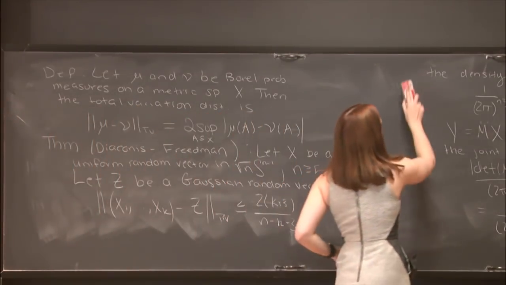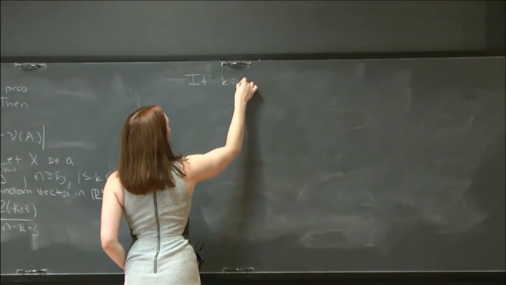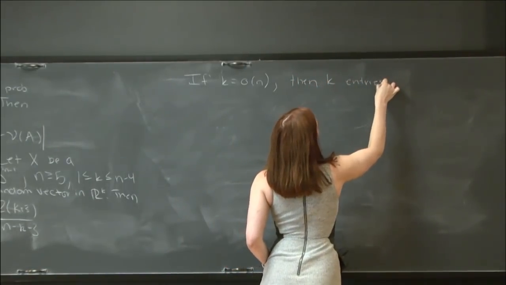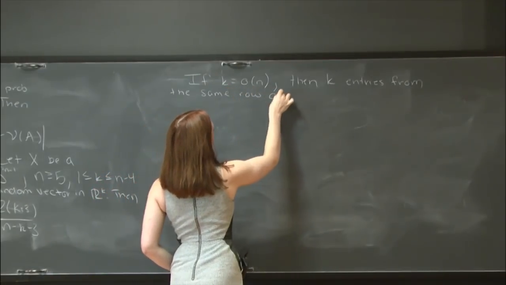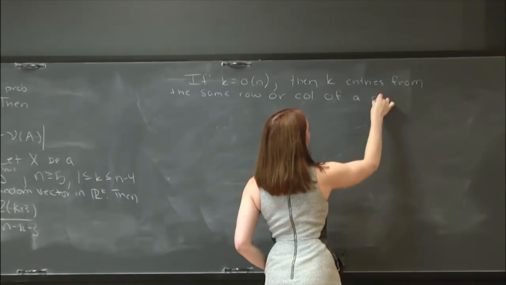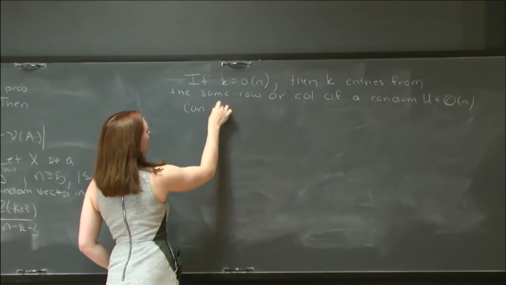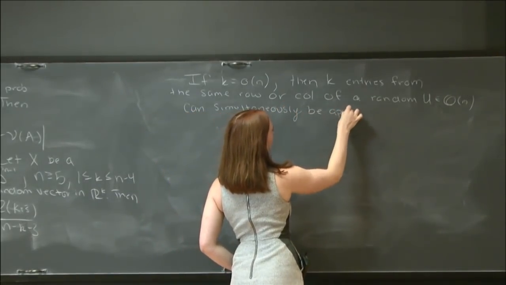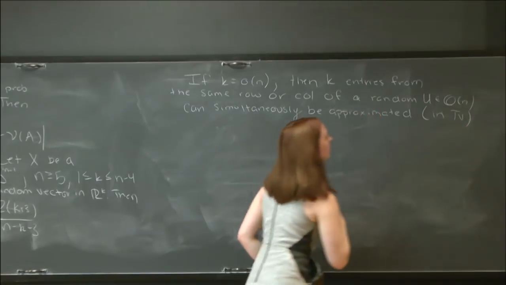So in our matrix context, what this says is, again, so long as k is little o of n, then k entries from the same row or column of a random U in the orthogonal group can simultaneously be approximated, and again, this is in total variation distance, by Gaussians.